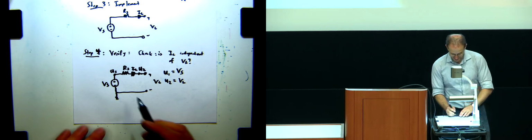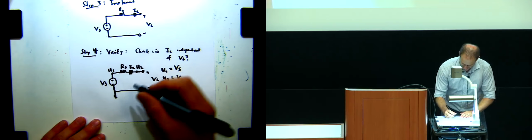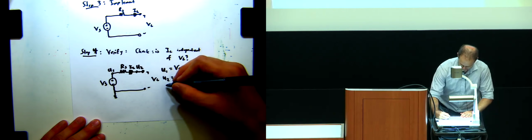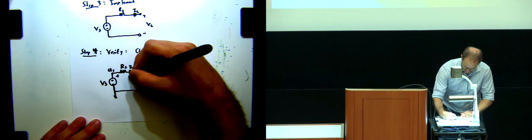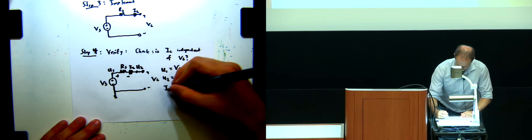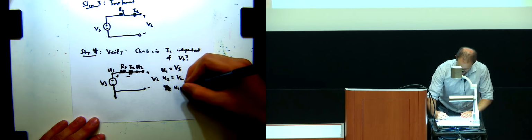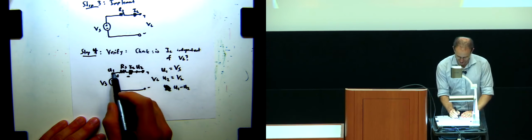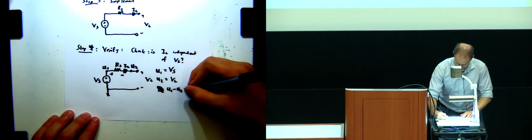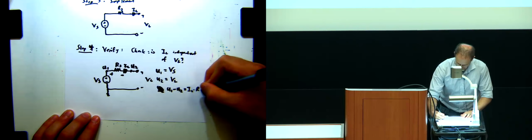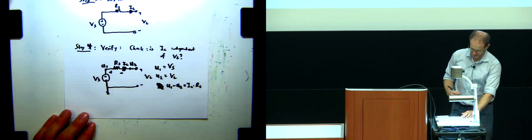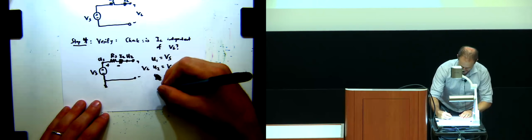Okay, so the next thing I can do is actually use Ohm's law. I can say that IL, which is the current flowing through that resistor, and let me just label the plus and minus to make sure everything is clear. Actually, I'll do it the other way. Ohm's law would say that U1 minus U2, which is the voltage across the resistance, is equal to IL times RS. Okay, so now let's just plug everything in.